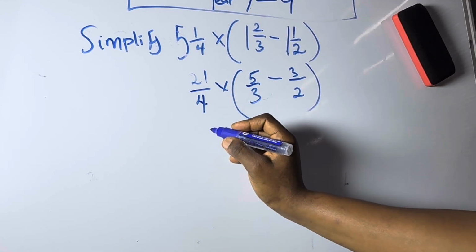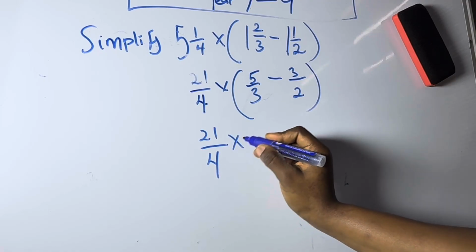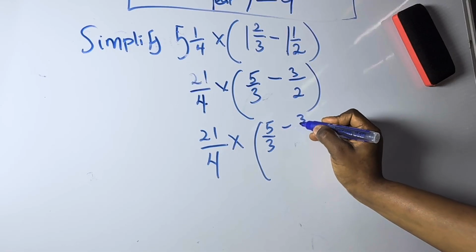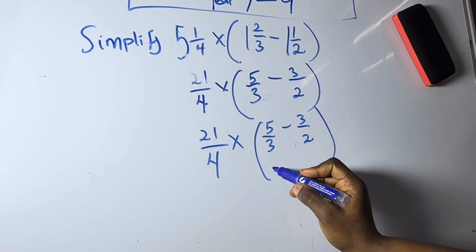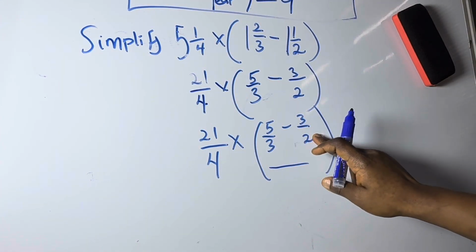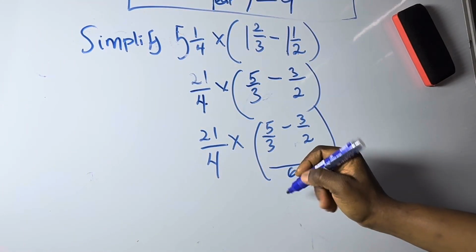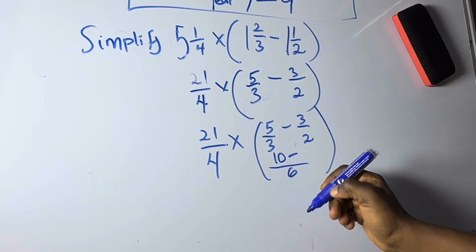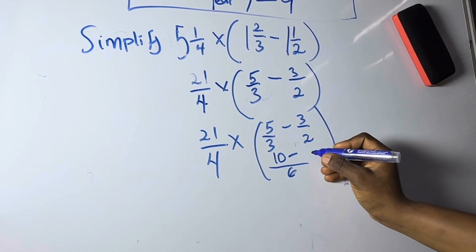Now, we have 21 over 4 multiplied by, now we have 5 over 3 minus 3 over 2. Now, to subtract this, you need to look for the LCM, the number that can divide 3 and can also divide 2, which is 6. 6 in 3 is 2. 2 times 5 is 10, minus 6 in 2 is 3. 3 multiplied by 3, that's 9.